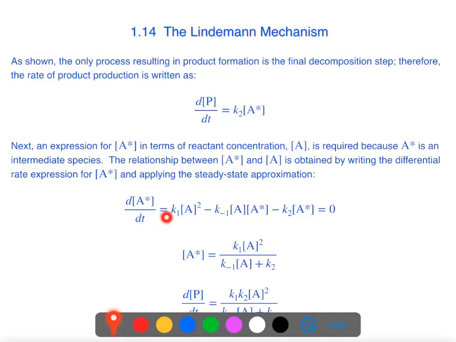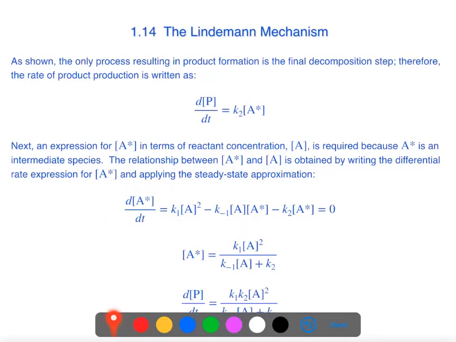As shown, we can write an expression for the rate of formation of the activated reactant, and you can see that there are three terms present in this expression because A star is present in each of the three elementary steps of the reaction mechanism. Now we can apply the steady state approximation to this time derivative because A star is a reaction intermediate.